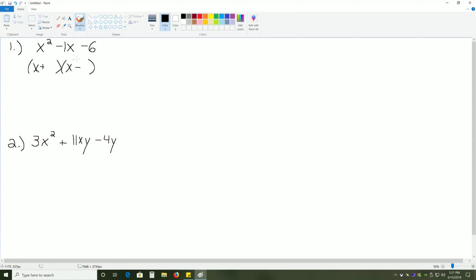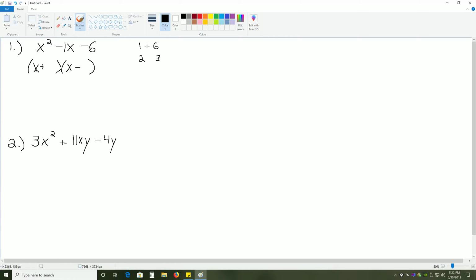So in this case, we need two numbers that multiply to give us this 6 and add together to give us this -1. If you think this through, you can either multiply 1 and 6 together to get 6, or you can multiply 2 and 3. Those are the only possible combinations of numbers that multiply to give you 6.